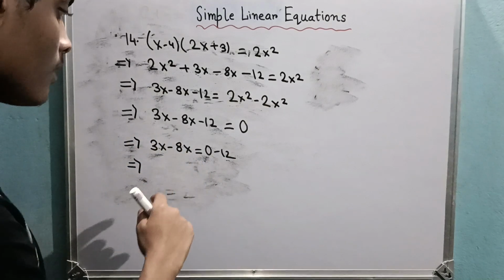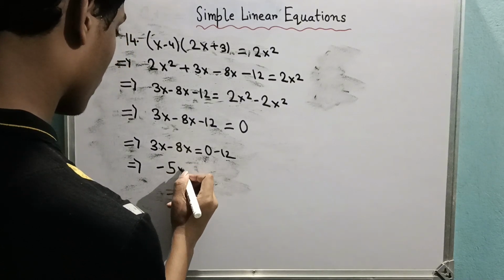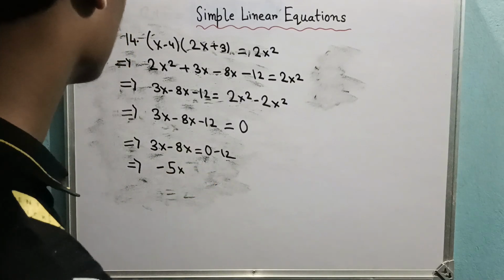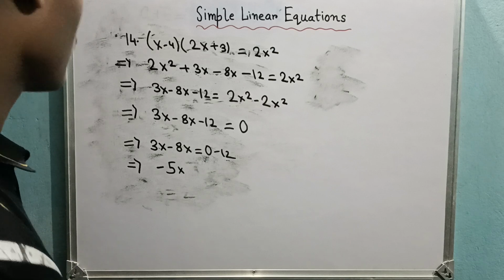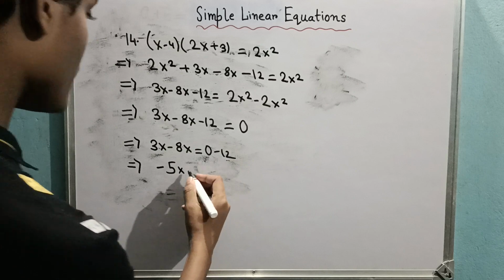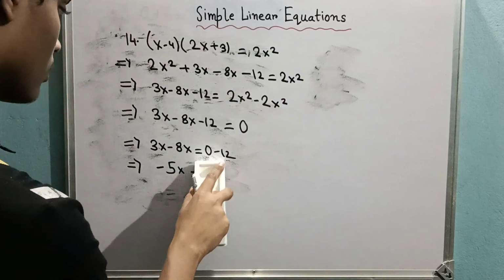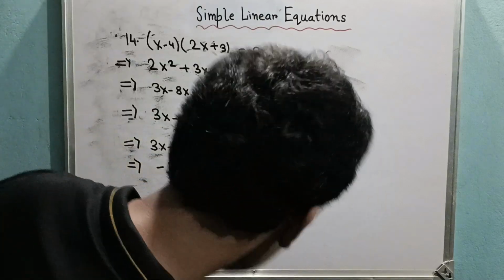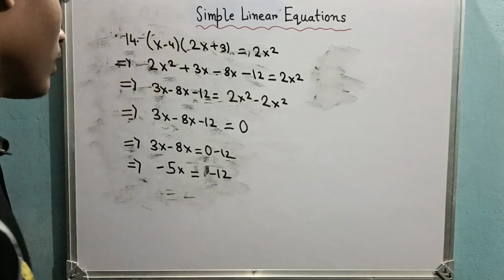We can also write it like that. So that is minus 5x. And here 0 minus 12, that is minus 12. Sorry, a mistake here. Okay. So minus 5x will be equal to minus 12.